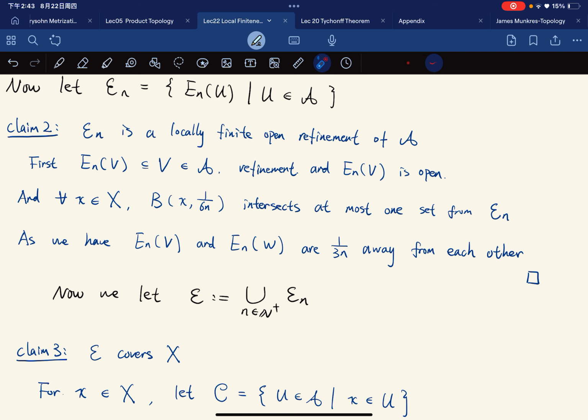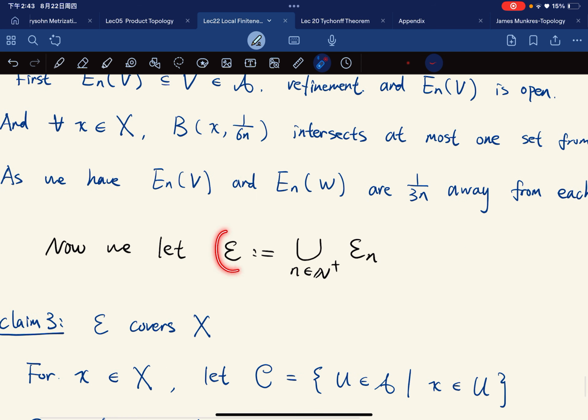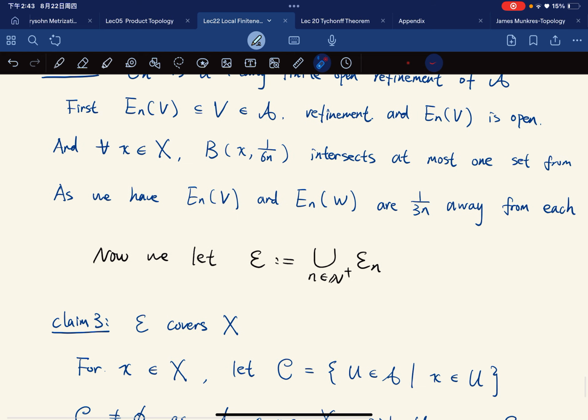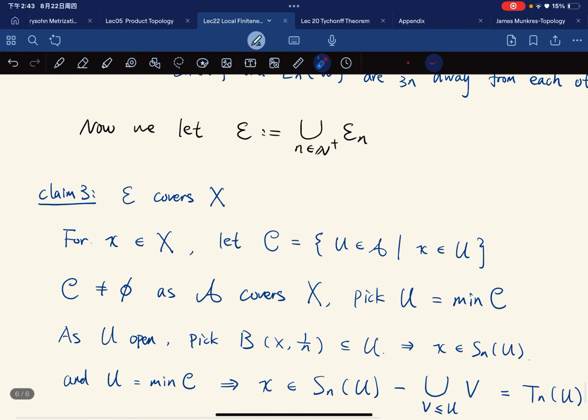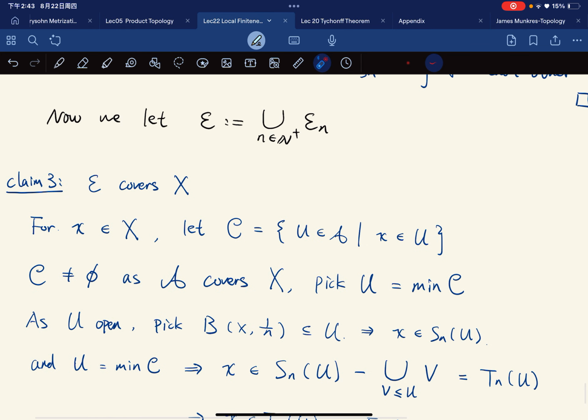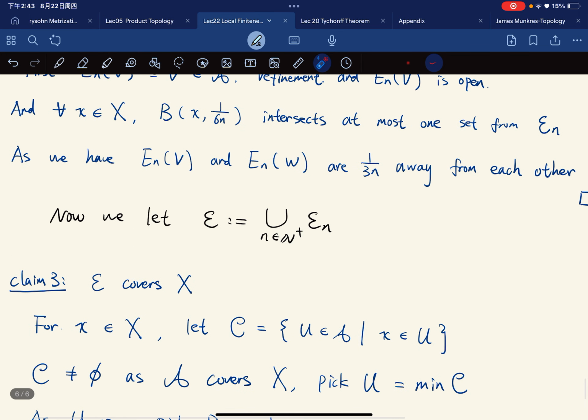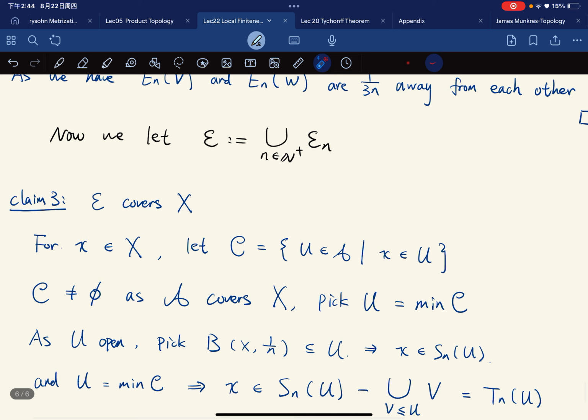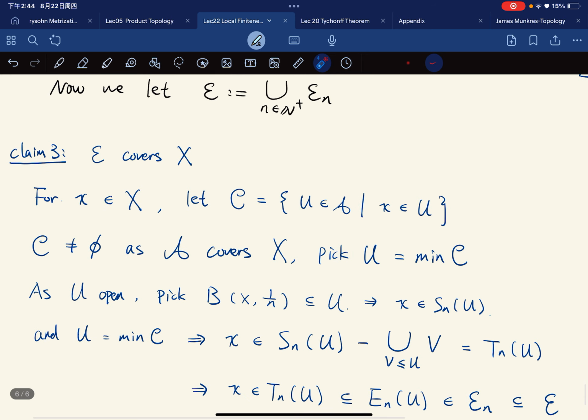But as you might guess, we want to take a union of all of them, all the epsilon_n where n is a positive integer. So we have a claim that epsilon covers X. Let's just verify this first.